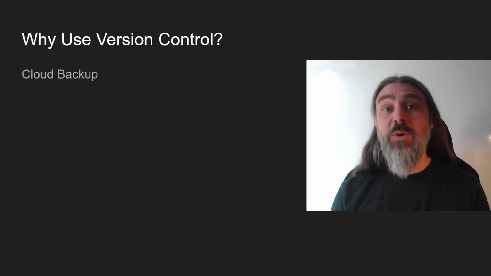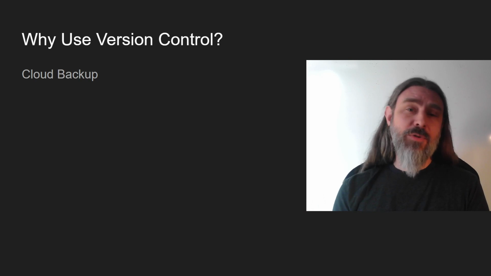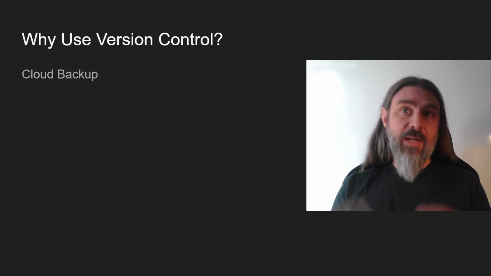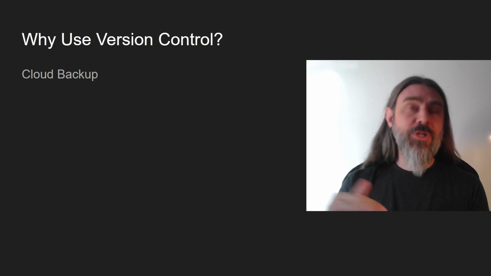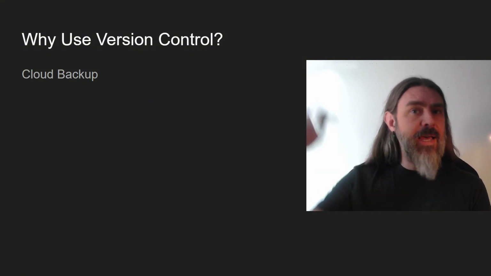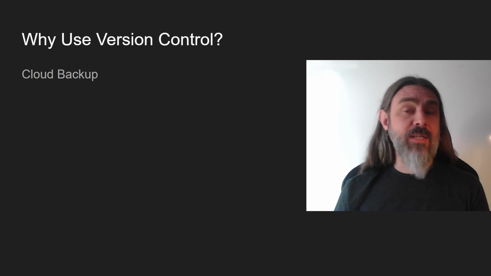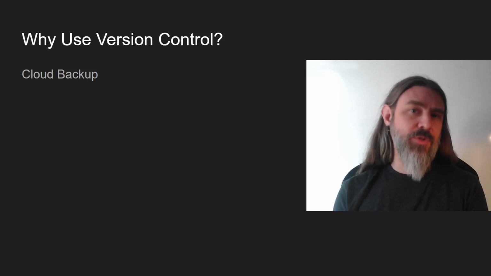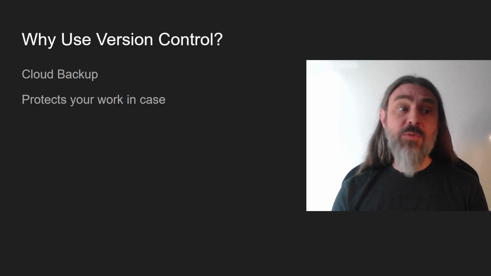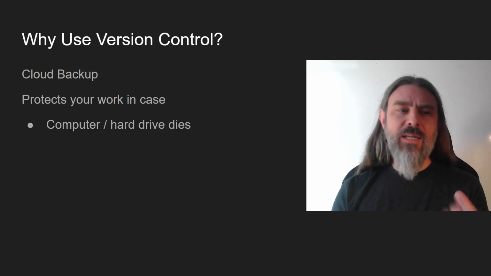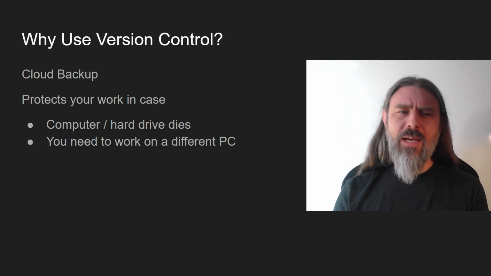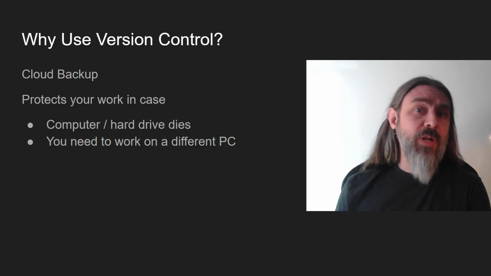Also, it's a cloud backup. If you use a service like GitHub, not only do you have a local version of your game, you also have, as you check in those changes, they get added into the project that's in the cloud, stored on GitHub servers. That's really useful because it protects your work in case, say, your computer or hard drive dies, or you want to work on a different PC.